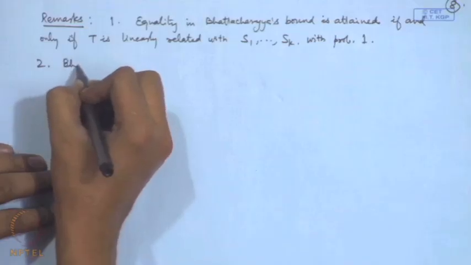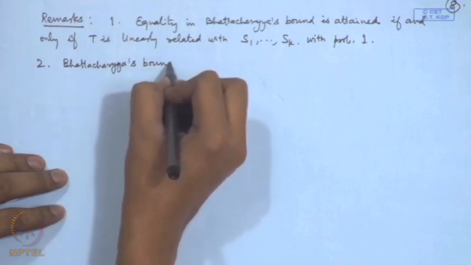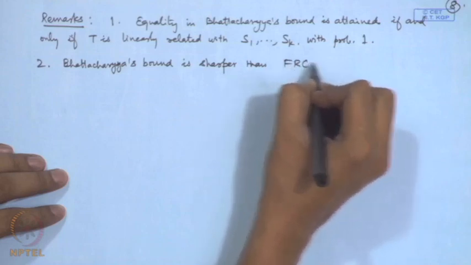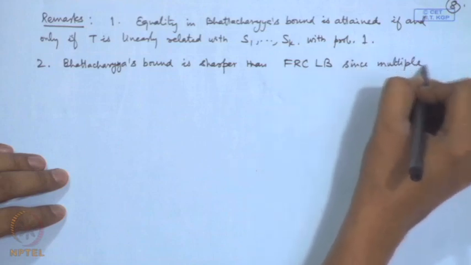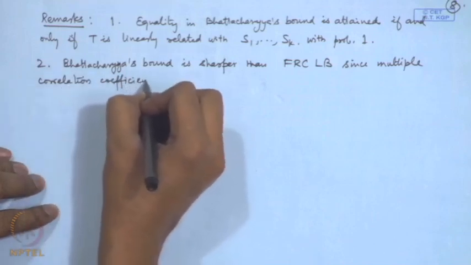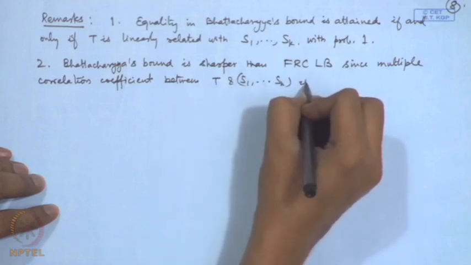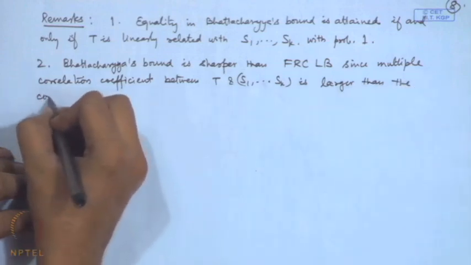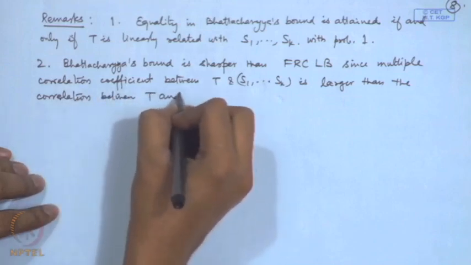So, we can say in general that Bhattacharya's bound is sharper than the FRC lower bound, since the multiple correlation coefficient between T and S1, S2, ..., Sk is larger than the correlation between T and S1.